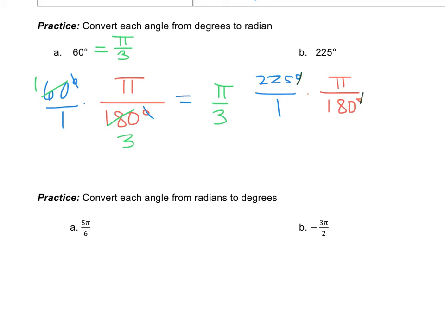And we, again, can do some canceling of the 180 and the 225. This time 45 goes into both of those. So 45 goes into 180 4 times. 45 goes into 225 5 times. So what we end up with is 5 times pi, so 5 pi, over 1 times 4, or 4.